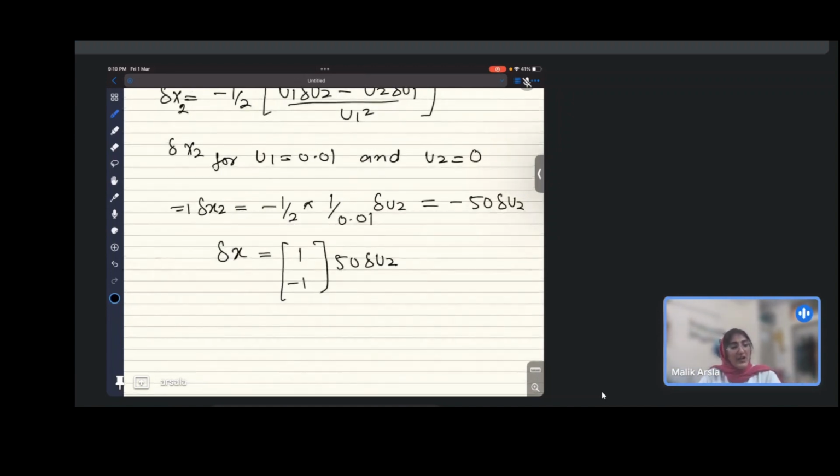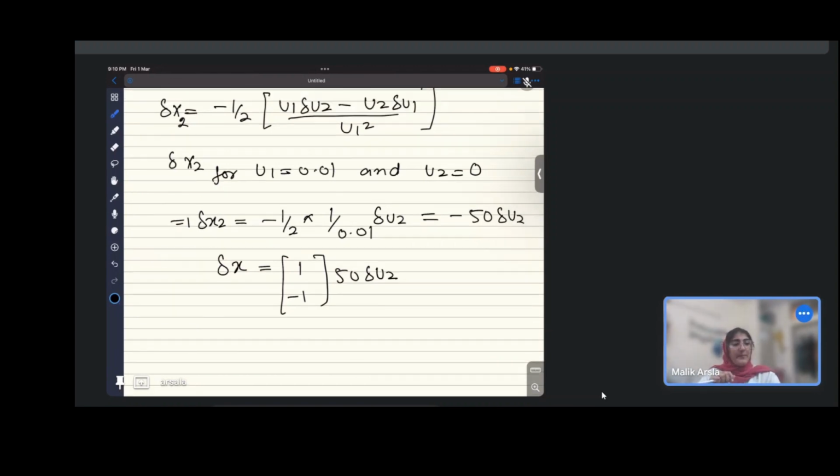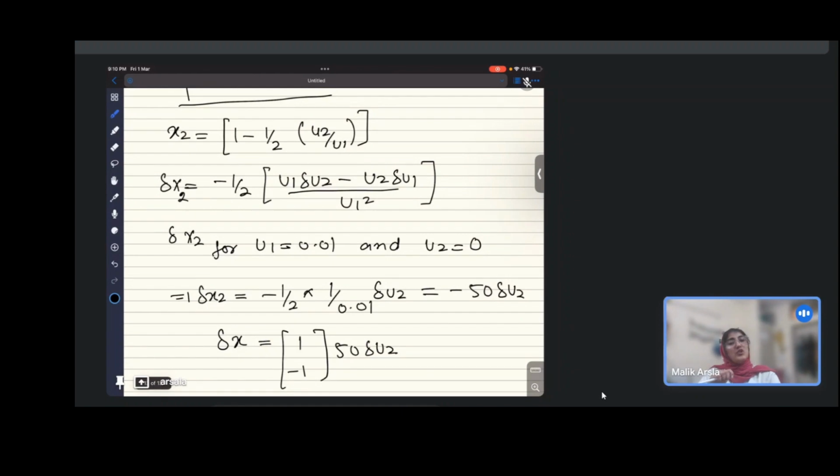But the third part asked us to comment separately about the changes that u1 and u2 will give. For that, the condition number will not tell us which input is giving the change. That's why we did the third part, to find how it depends on u1 and u2.